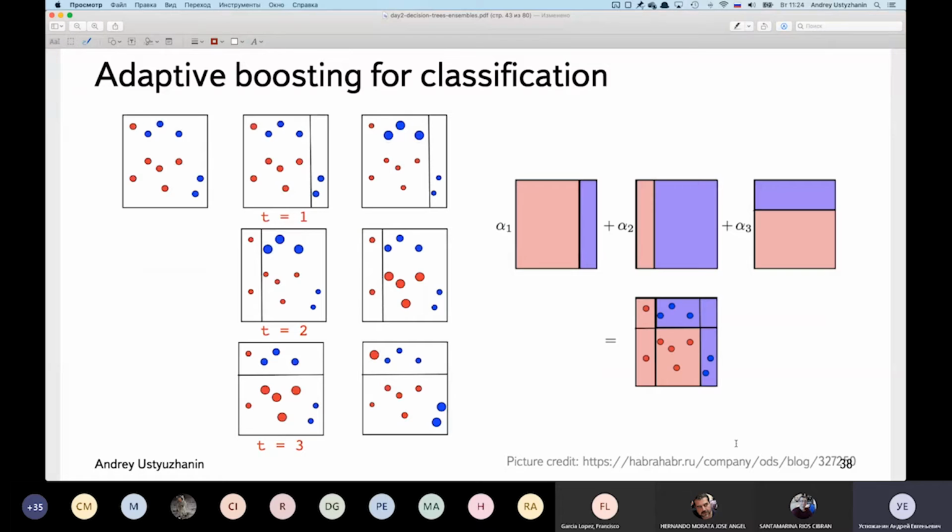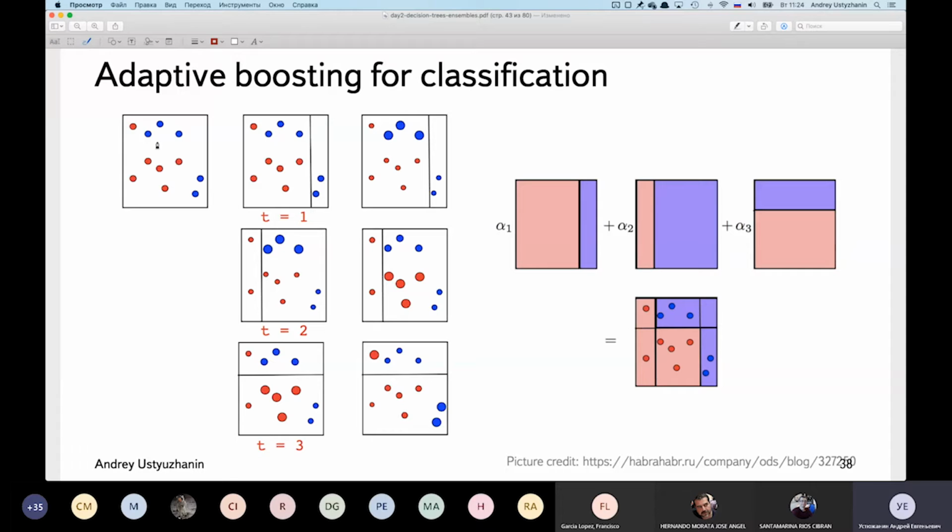And here is an example of how those algorithms work. You again see that we have the initial data set, and we have a split that is performed by a weak learner.